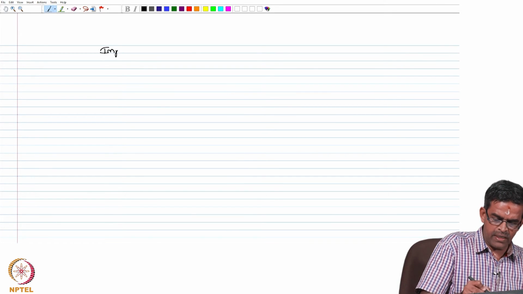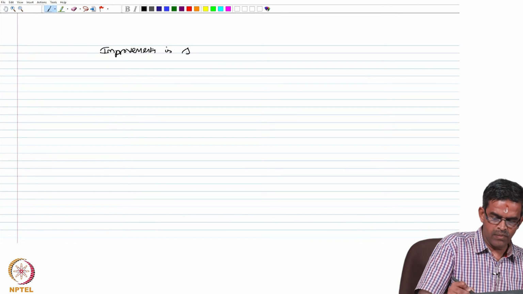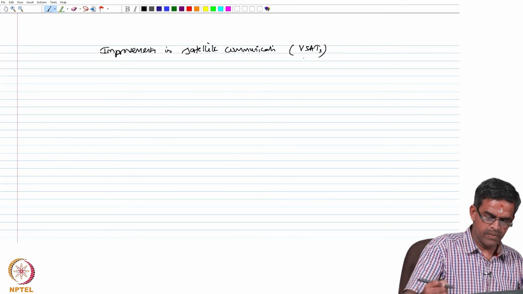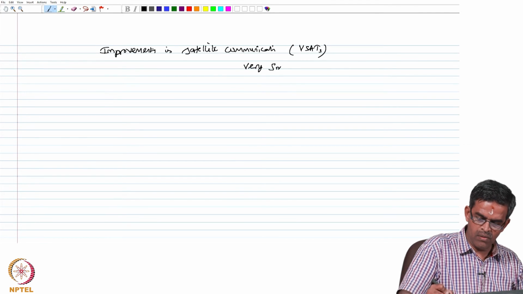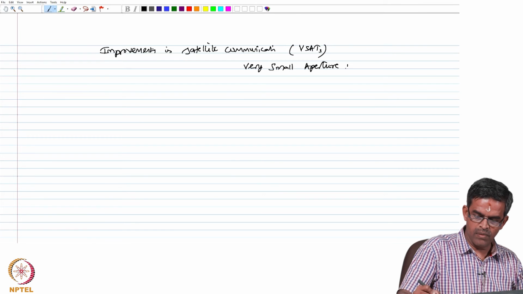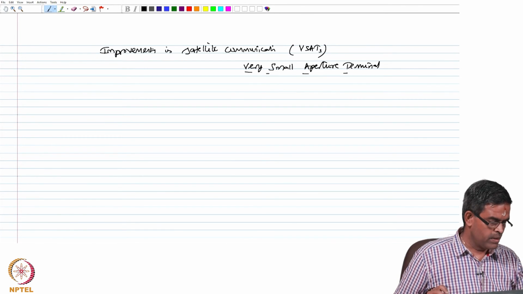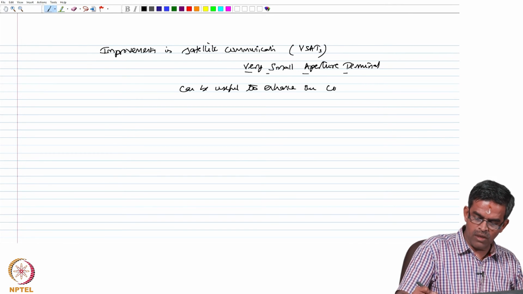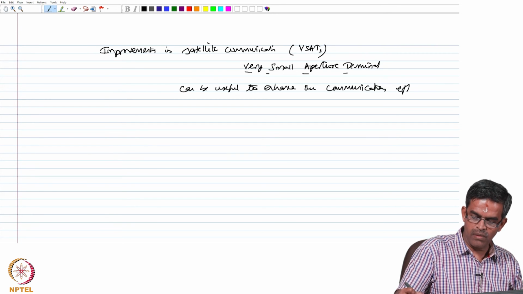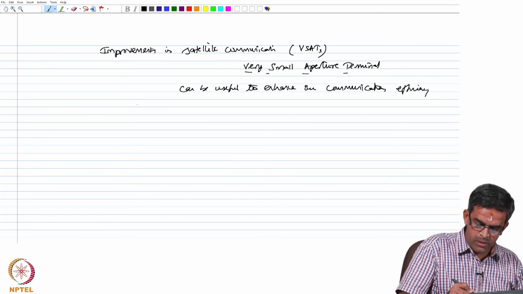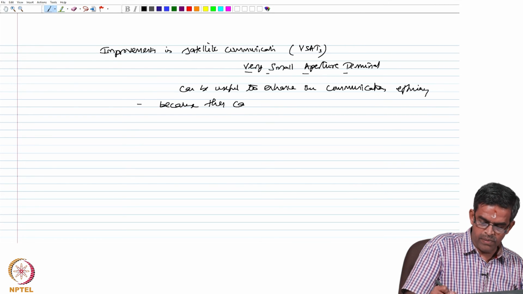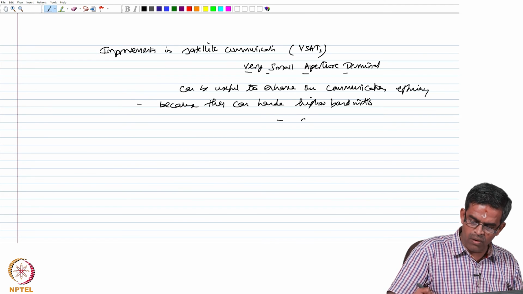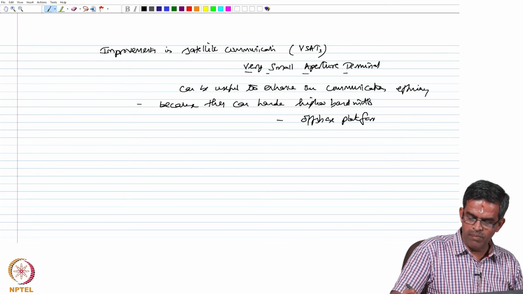Further, improvements in satellite communication like VSATs, nothing but very small aperture terminal, okay, that is VSAT, can be useful to enhance the communication efficiency because they can handle higher bandwidth which is required for offshore platforms, because the frequency bandwidth in this case is very broad.